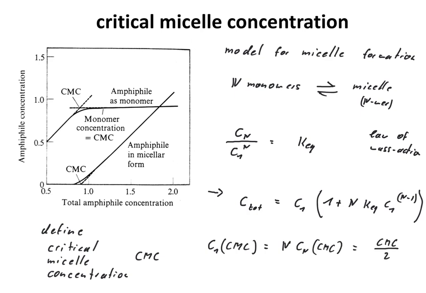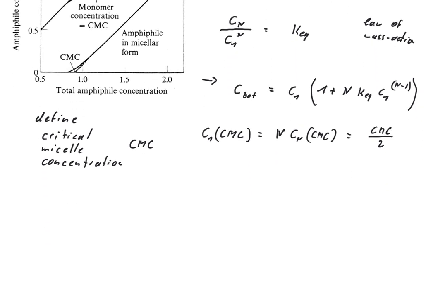Now we use our definition of the CMC in the law of mass action, and we obtain that the equilibrium constant K equilibrium is equal to 1 divided by 2n CMC times CMC half to the power minus n.